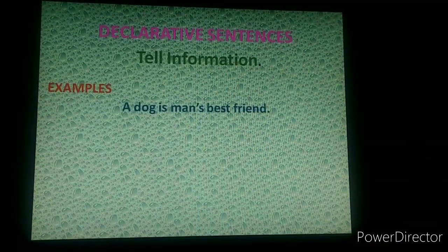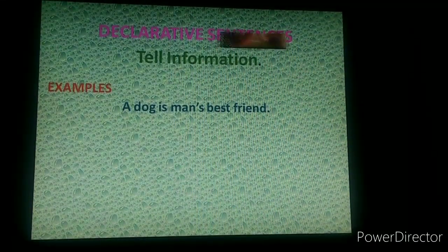In this, we simply give information. A declarative sentence makes a statement or an assertion. That means when we are saying something, we are telling information. For example, "A dog is man's best friend."